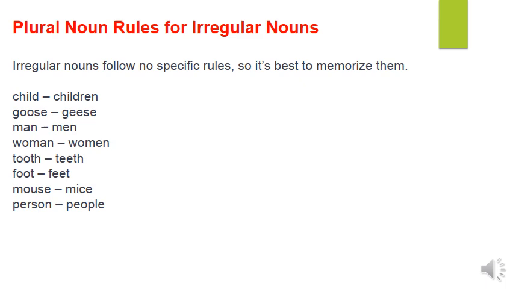So these are called irregular nouns. They have no specific rule, so you have to memorize them because they are completely changed when they are in the plural form.